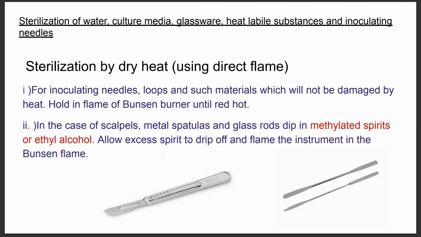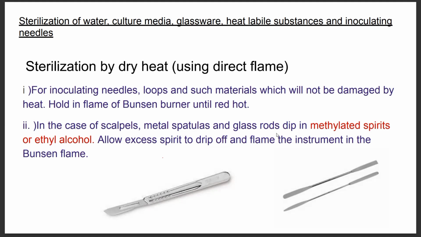But scalpels, metal spatulas, glass rods, we are not going to hold them in the Bunsen burner until they reach red hot. Here what we have to do is dip these things in methylated spirits or ethyl alcohol, drip off the excess, and flame the instrument in the Bunsen flame. We are not holding the instrument in the flame until it reaches red hot.